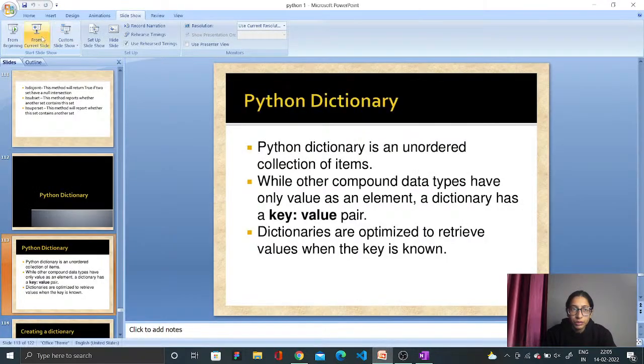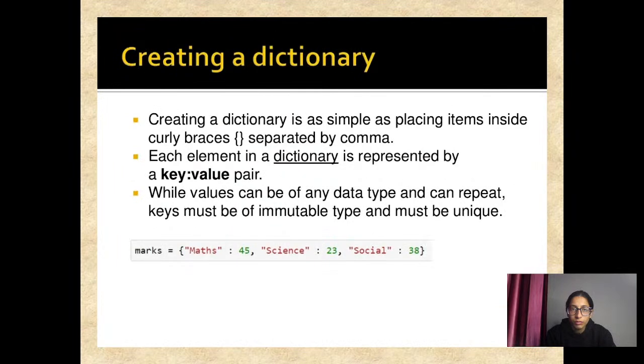Let us move forward. Creating a dictionary is as simple as placing elements, as we do in tuples, lists, strings, and sets. The difference is that it has a key and a value, and the items are placed in curly braces.